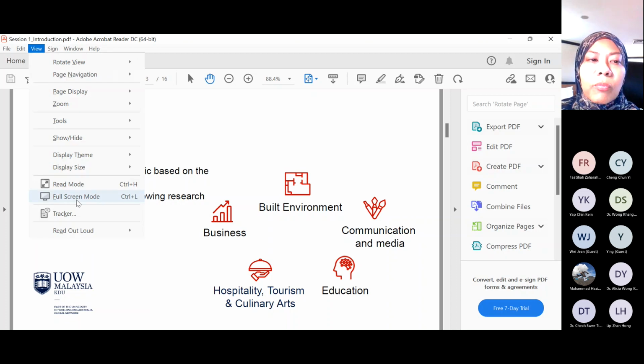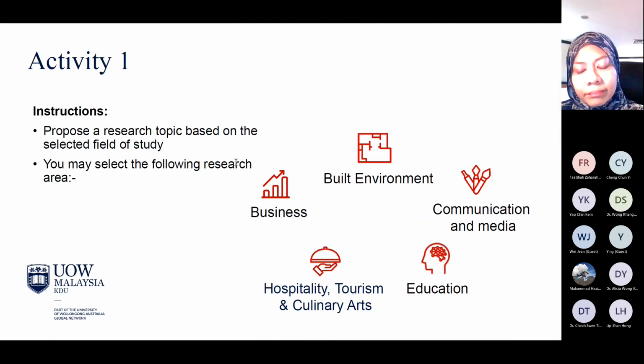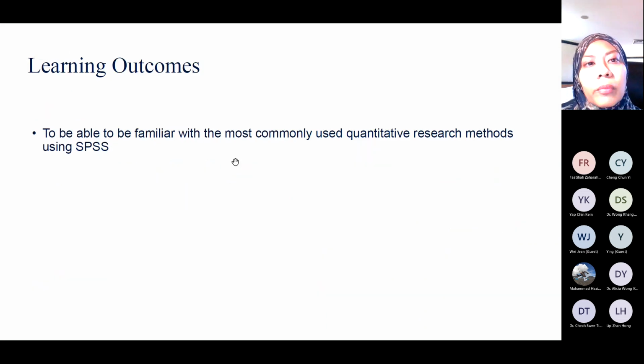Okay, so most of you already have your research topic. Now let us move on to what we can do with your research topic later. The learning outcome for the first session is to ensure that you are able to be familiar with the most commonly used quantitative research methods by using SPSS.